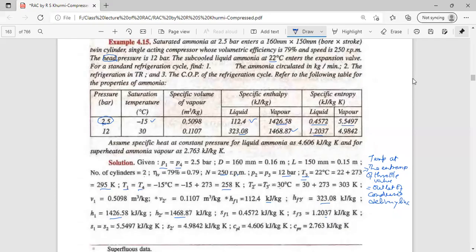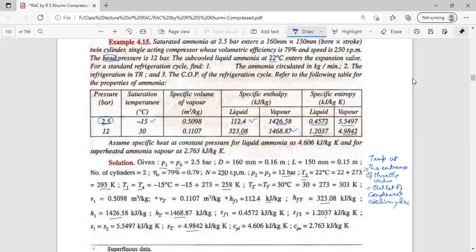And s2 dash is the entropy at point 2 dash, which is situated on the saturated vapor line, reached from the superheated stage at point 2 to the saturated vapor stage at point 2 dash. It is the vapor entropy at the higher temperature of isothermal condensation, given here as 4.9842 itself.